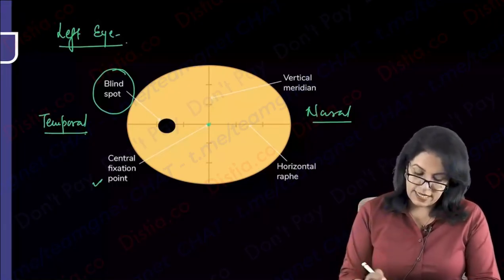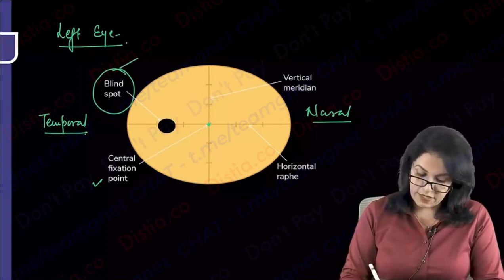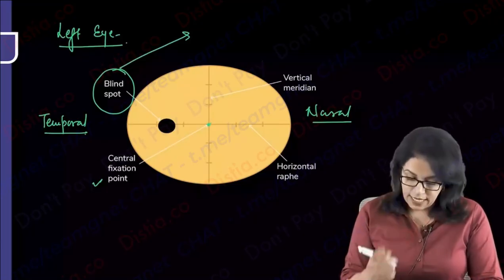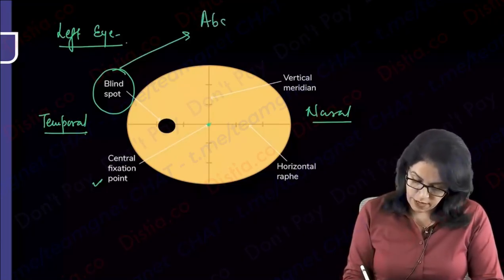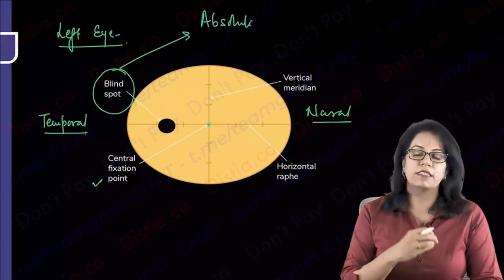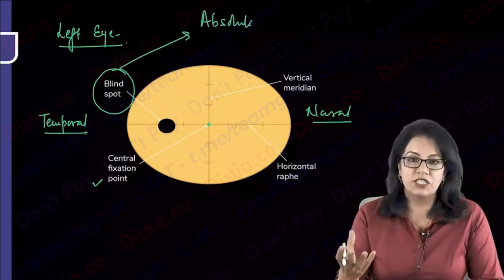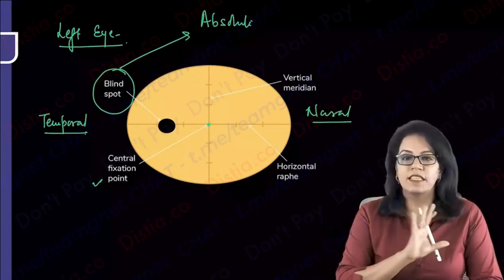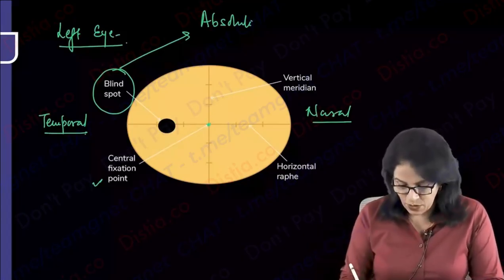Now, once you know this, also understand and learn here. When we say the blind spot is a scotoma, what type of scotoma is this? It's an absolute scotoma. Absolute means even by changing the size of the target, illumination, any condition, it is always a scotoma. In this area, nothing can be perceived. Then it is called an absolute scotoma.